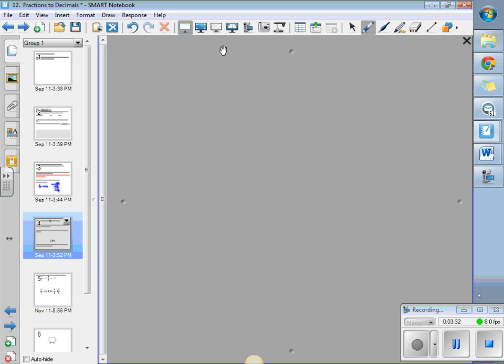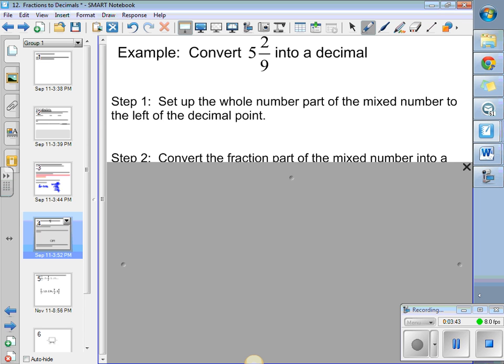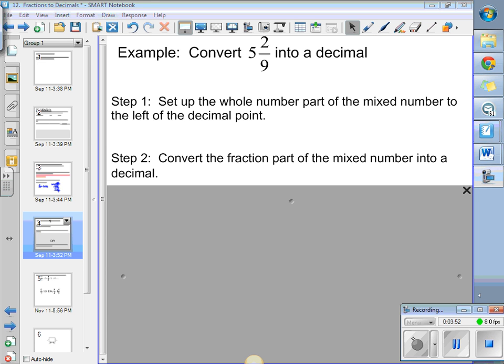Let's do a little bit at a time so we don't overwhelm ourselves. Okay, so we're going to convert 5 and 2/9 into a decimal. We're going to set up the whole number part of the mixed number to the left of the decimal point. So what this looks like is we're going to have 5 and something to fill in there.